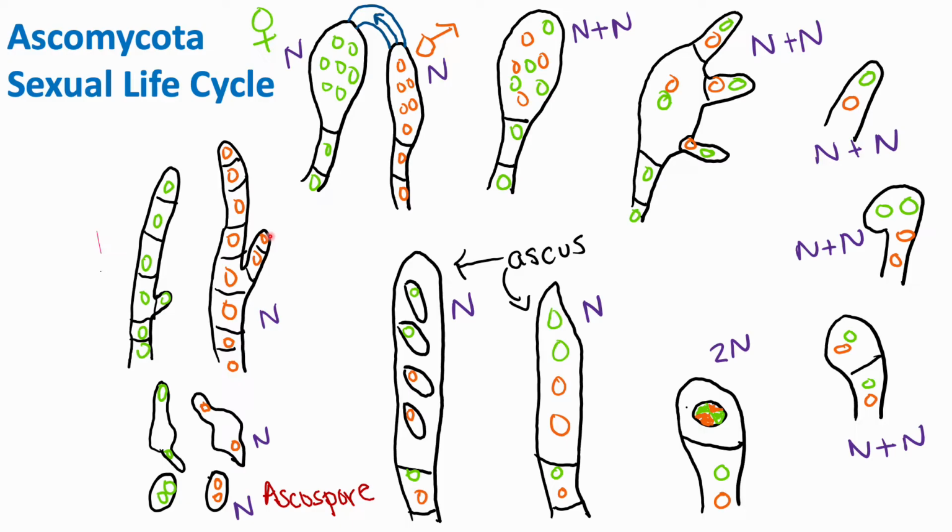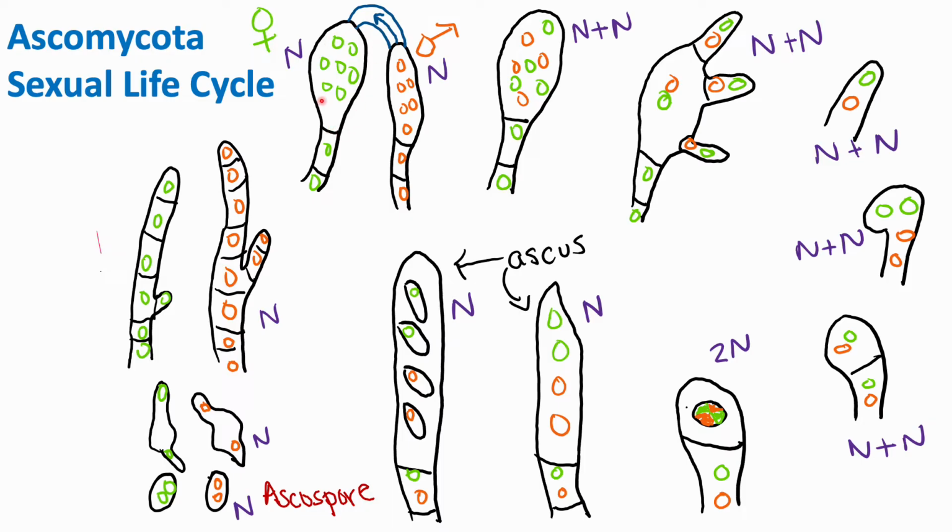Now, what's interesting about the sexual life cycle of an ascomycotan fungi is that we have both a female part and we have a male part. Now, the female part, which we're going to denote in green over here, is known as the ascogonium, and the male part is actually known as the antheridium. Now, what happens is that, first of all, we can notice that this is still N, it's still haploid, but all of a sudden, we get this swelling.